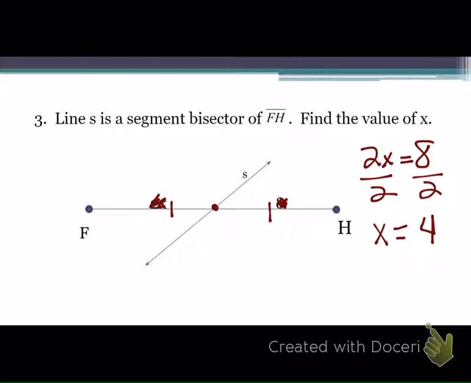So from here to here is the same as here to here. They told me that this is 8. So this side over here must also be what? 8. They have to be the same thing. But they asked us to solve for x, and it was 2x. So I had to set an equation, 2x equals 8.